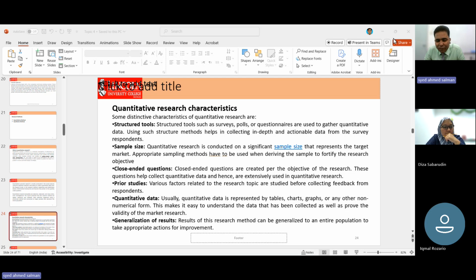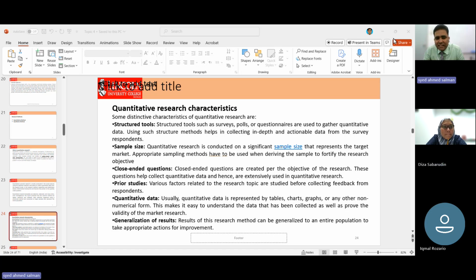So quantitative data is represented by tables, charts, graphs, right? In the graphs, you are having 40% agree, 60% disagree, or you are going to explain your data in the charts. From the charts, you are going to explain in the writing. First, quantitative data should be explained by tables, charts, or graphs.